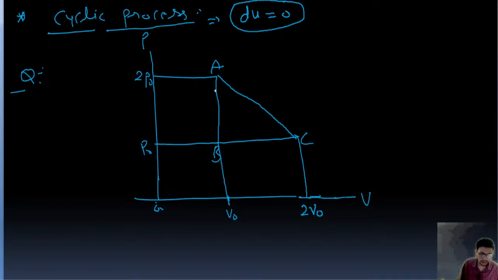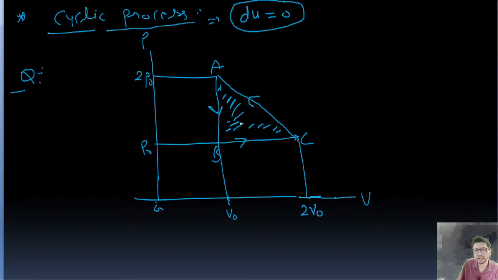We have to reach from A to B, then B to C, and C to A. This is a cyclic process. We are at point A, and we again come to point A by this path. First we reach A to B, then B to C, and then C to A.